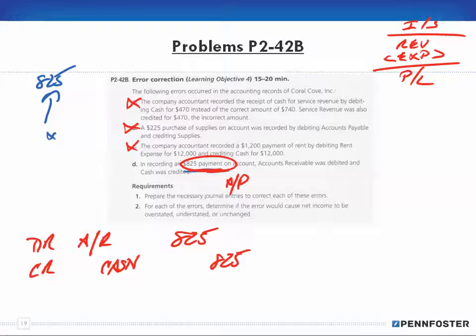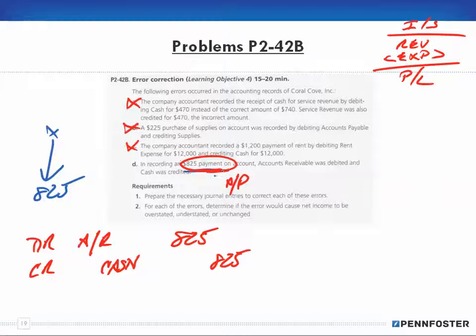So what should the entry have been? The thing that I'm going to ask myself is, am I affecting cash? And the answer is yes, because I'm paying cash out, because it's a payment of $825.